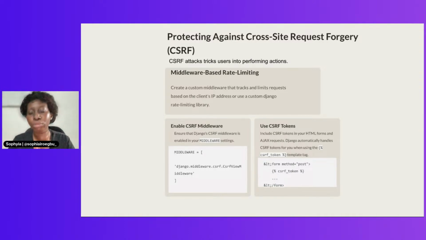So if your project involves using an HTML form, having such tokens, that's this token right here, on your Django project would also limit the request based on the user's IP address.